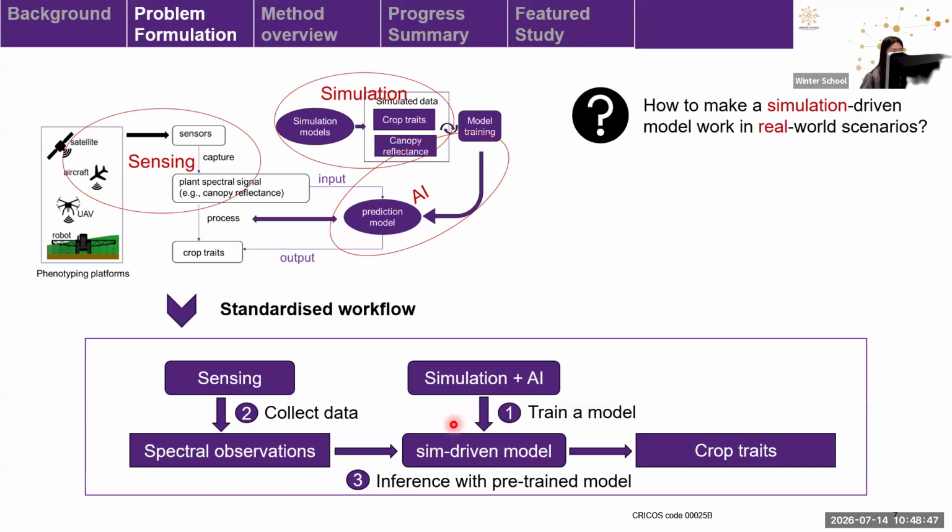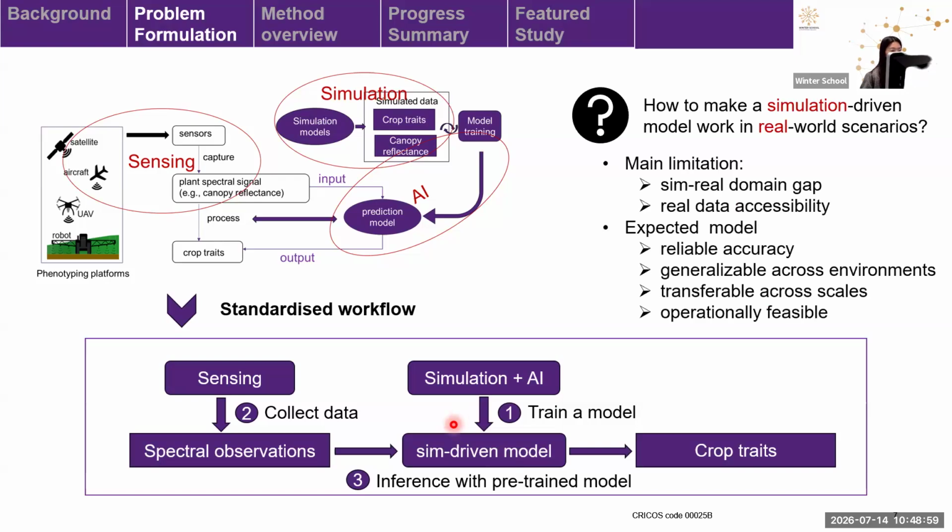For this standard workflow, very naturally we ask a question: how do we make the simulation-driven model work in real-world scenarios? For this question, we need to consider some limitations of the methodology we propose. The first is the domain gap between the simulation data and the field experimental data.